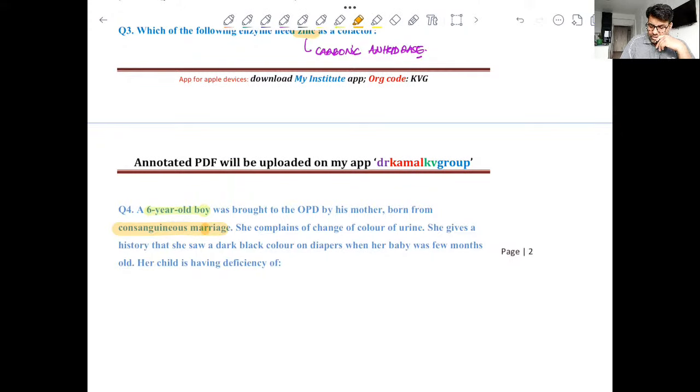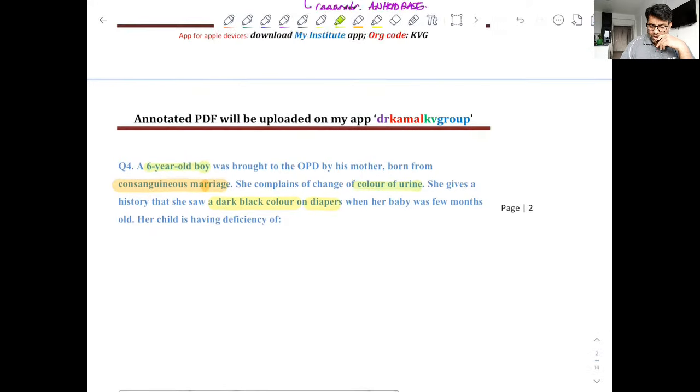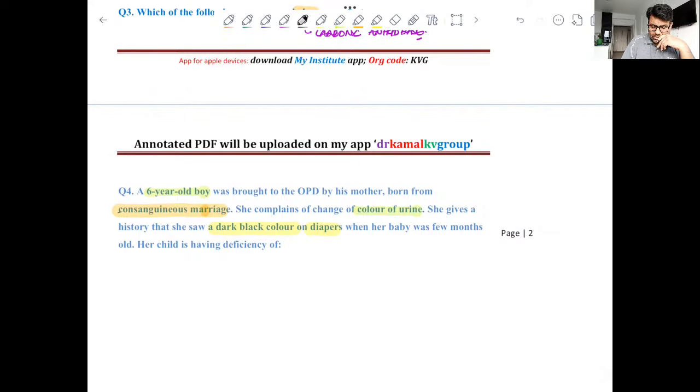Now there is change in the color of the urine, and this is also evident as the mother noticed that there is dark black color on diapers when the urine is exposed to the external environment for a certain period of time. Now here you need to remember two important things. One is consanguineous marriage, and second is the change in the color of urine.